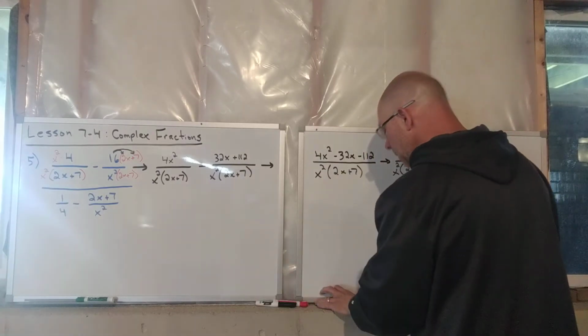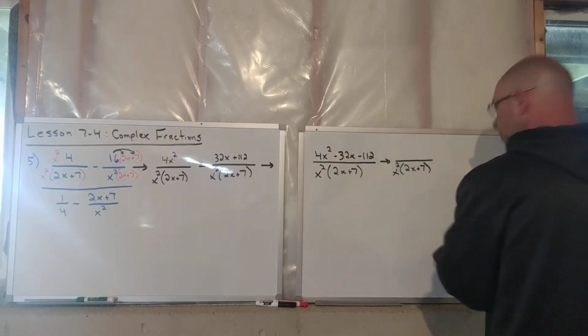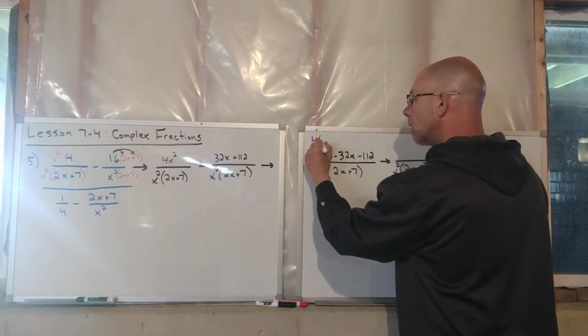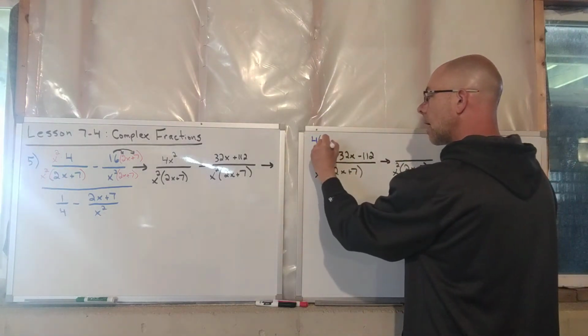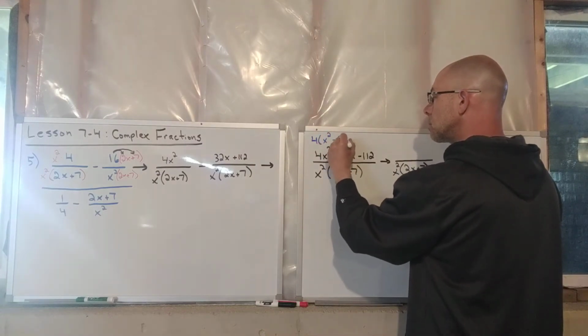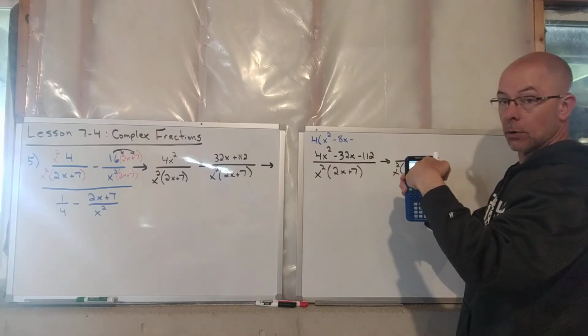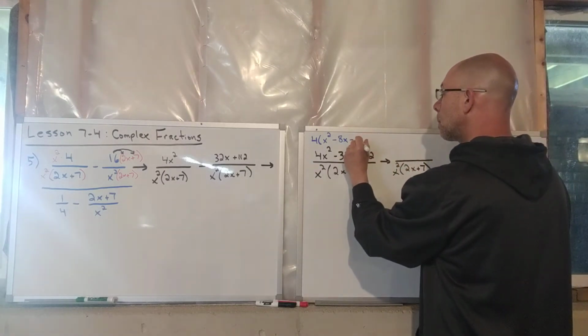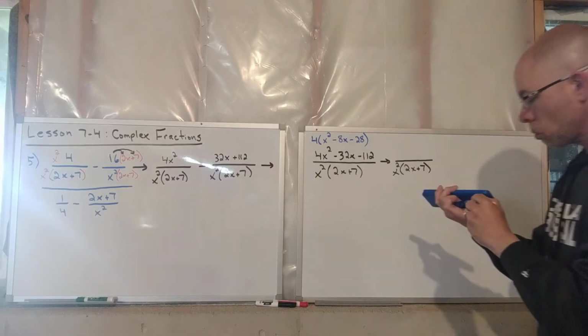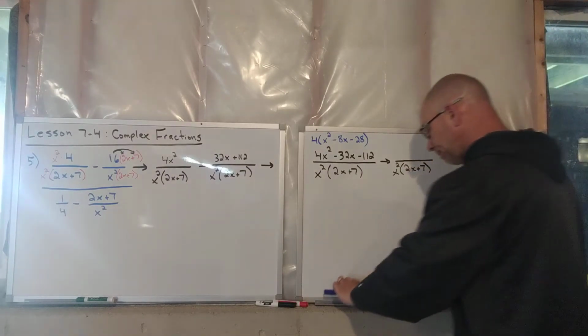So I'm going to write this. I'm going to just take the GCF out right up here. So 4 comes out, leaving me x squared minus 8, since 4 goes in 8 times. And I just found out here 4 goes in 28 times. Okay?